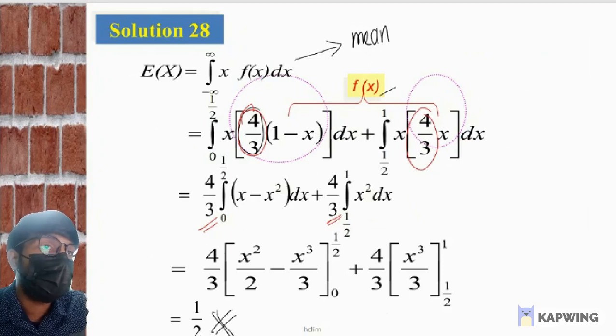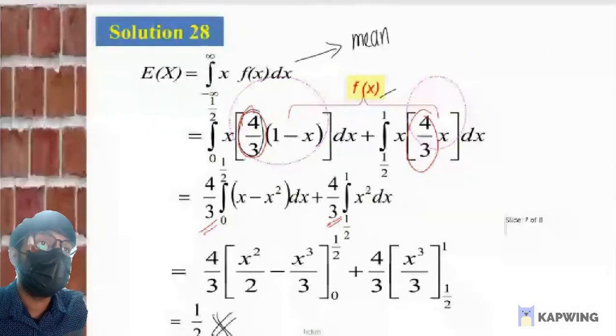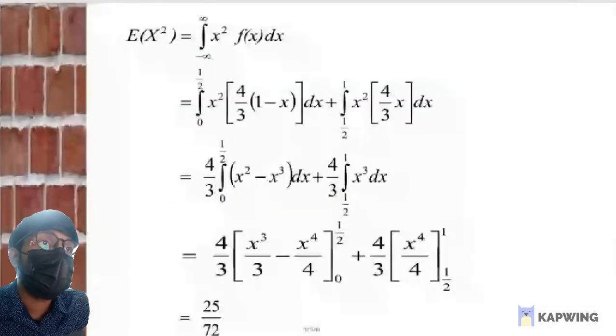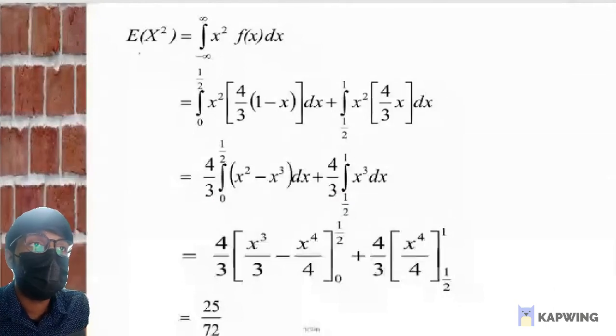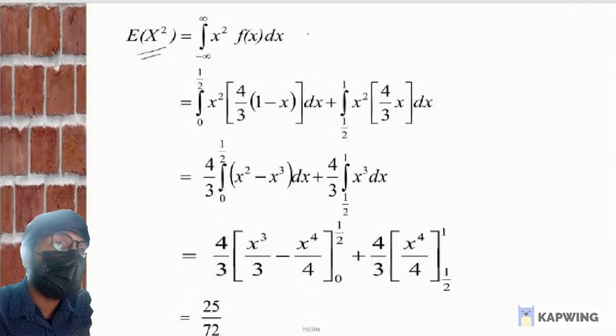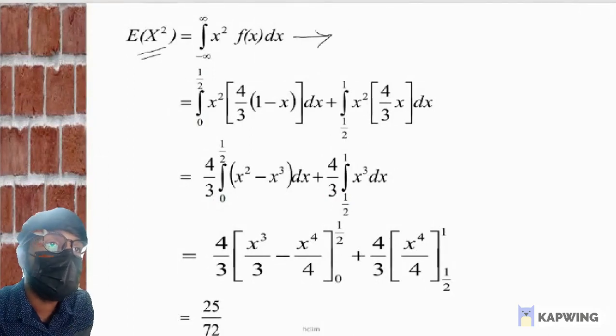After that, we are going to find E(X²), which is the integral from negative infinity to infinity of x² f(x) dx. We need to remember this kind of property. As in Example 27, we take the intervals from the piecewise function and substitute into the given formula.